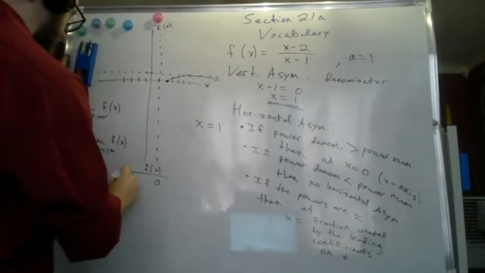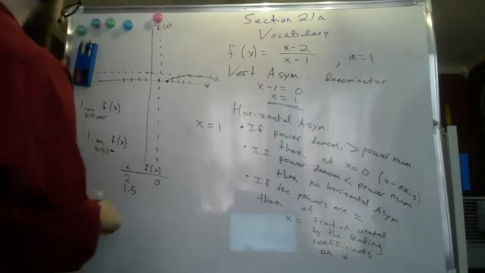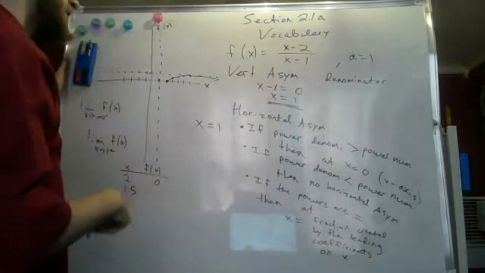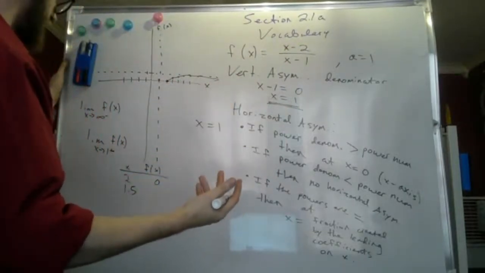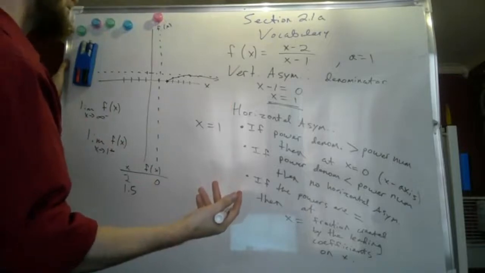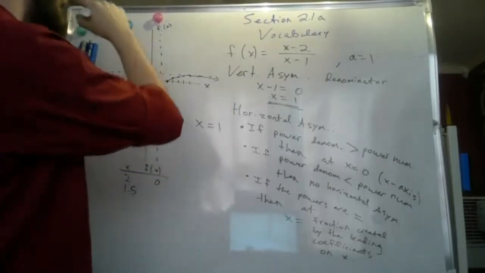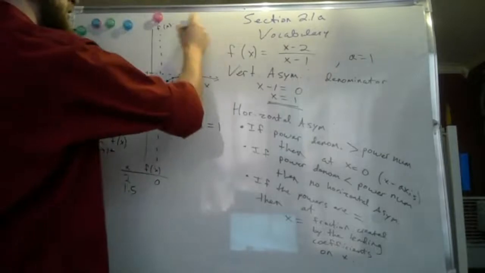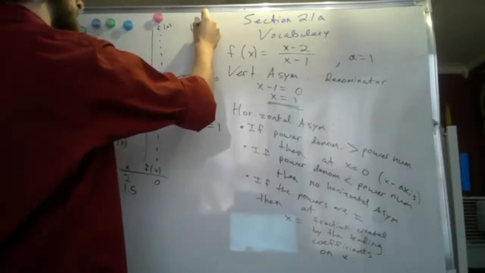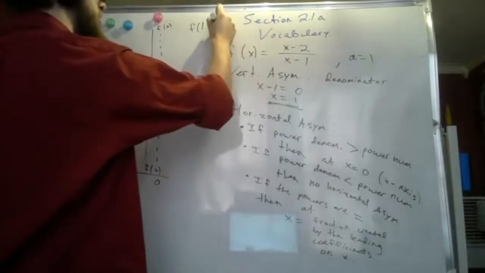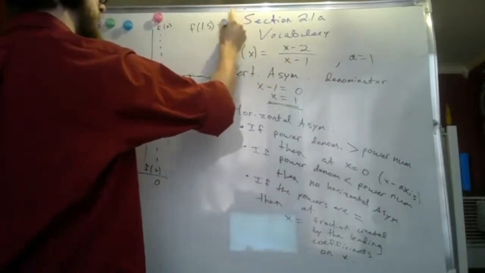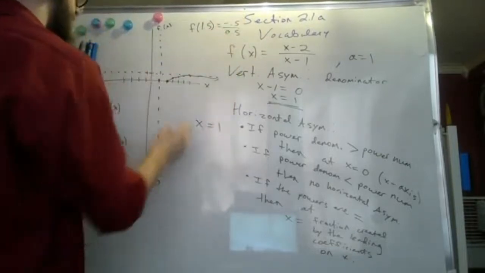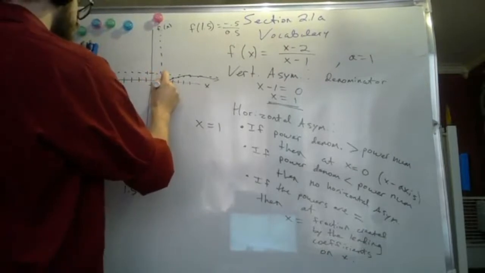But if I plug in, let's say, 1.5, well, 1.5 minus 2 is negative 0.5, divided by 1.5 minus 1, which is 0.5, that's negative 1. So I'm down here.